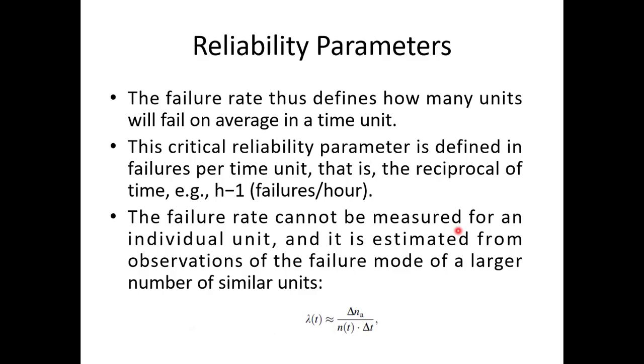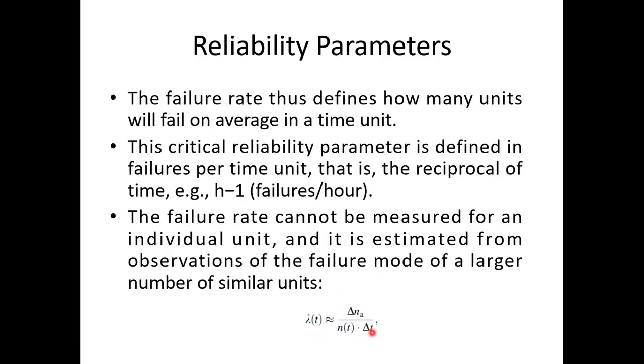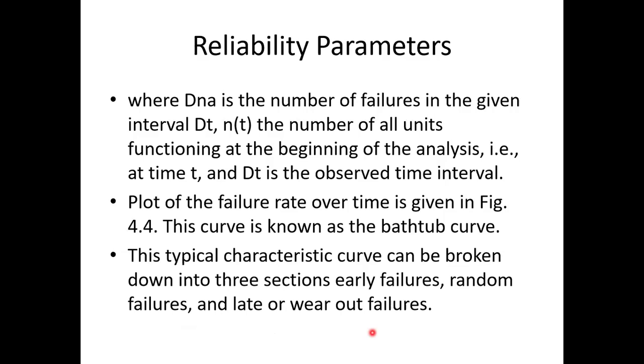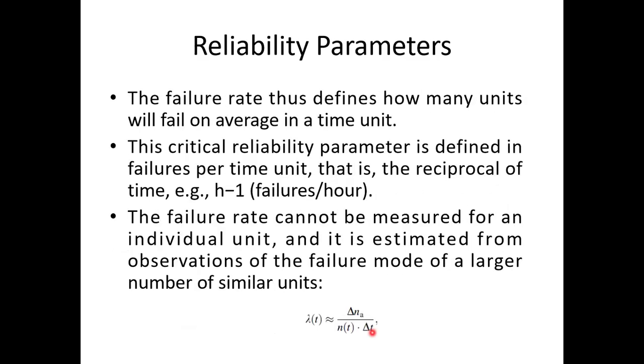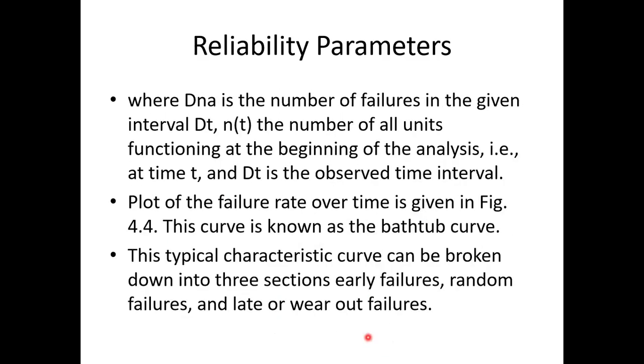So that is the formula given here: lambda of t equals delta N_A divided by N of t into delta t. Here delta N_A represents the number of failures in the given time interval delta t, and N of t represents the number of all units.